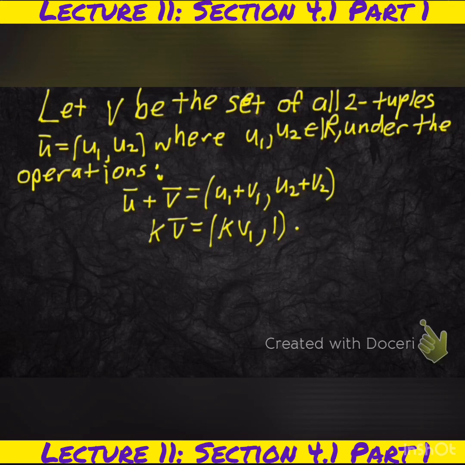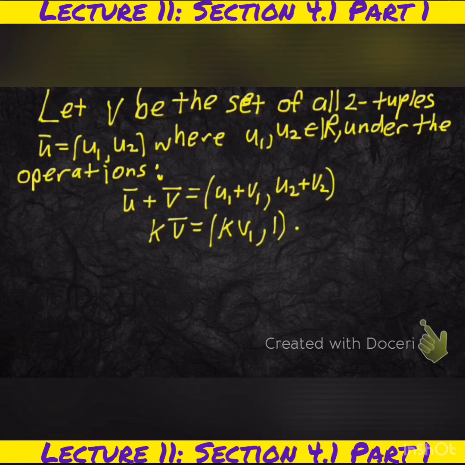I define addition normally, like I would in the normal case, and scalar multiplication I define like that. So what I do is I multiply the x component with the scalar k, and I make the y component 1. So now the question is, is this a vector space?